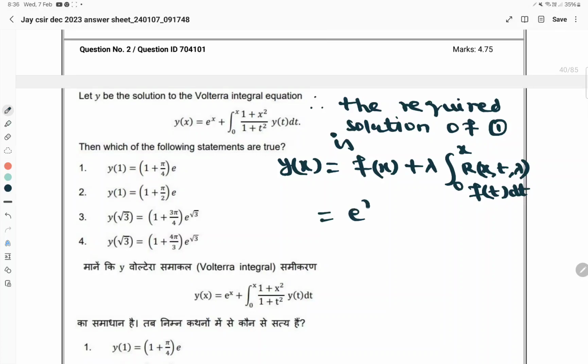Here f of x is e power x, lambda is 1, integral 0 to x, R(x,t,lambda). Just now we found out 1 plus x square by 1 plus t square times e power (x minus t).